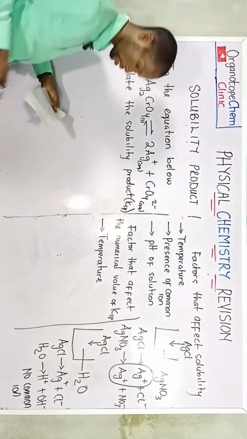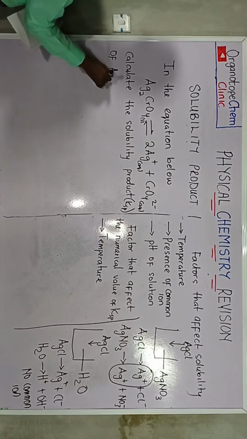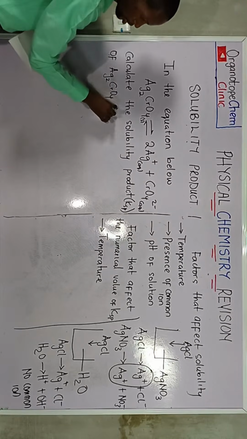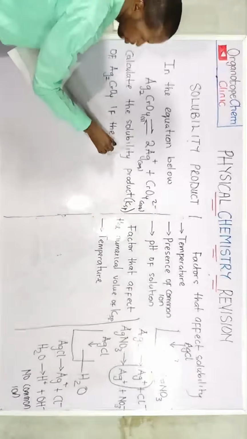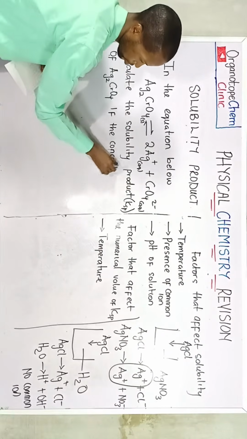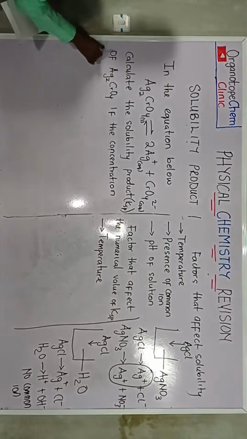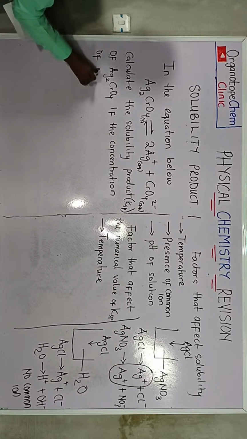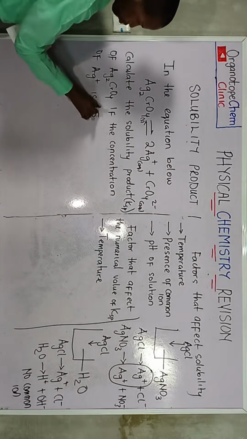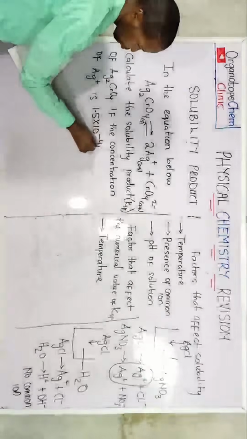We have to find the KSP of silver chromate if the concentration of Ag+ is 1.5 times 10 raised to power minus 4 molar.